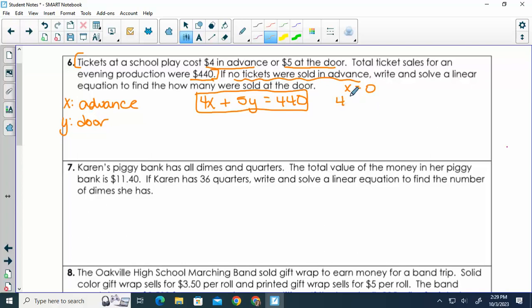Alright, so we'll plug in a 0 for the x. So we have 0, so that goes away. 5 by 5, so 440 divided by 5. So that would be 88 tickets at the door.